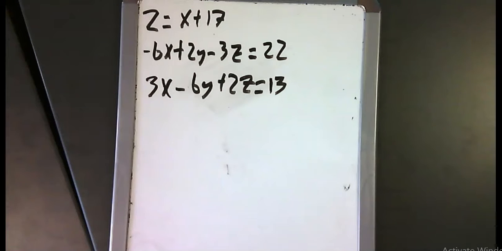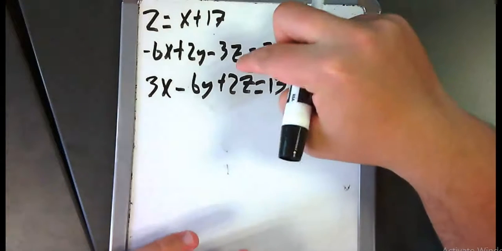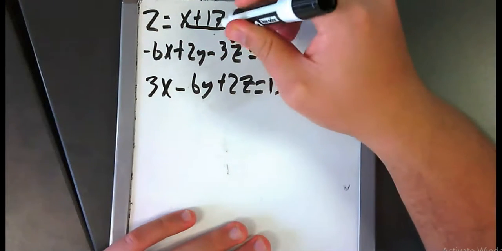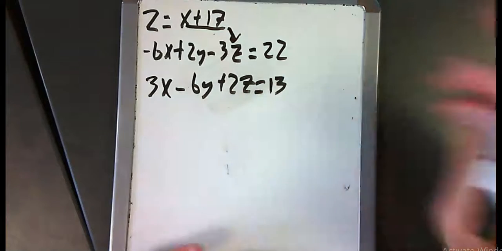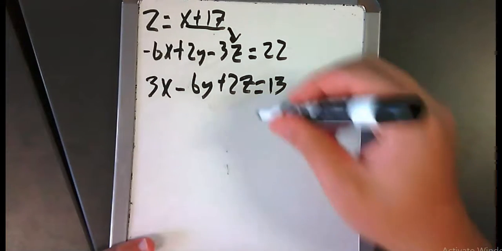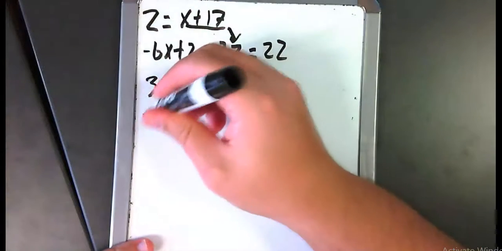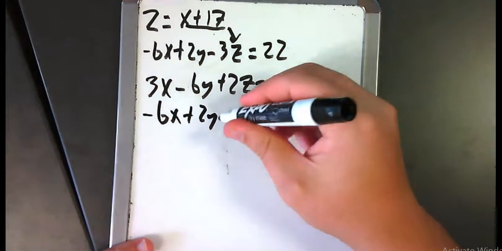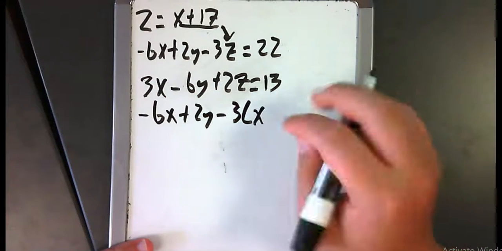So what we need to do, going forward, is plug this in for z in both equations. For this one, we're going to take up a little more board space.